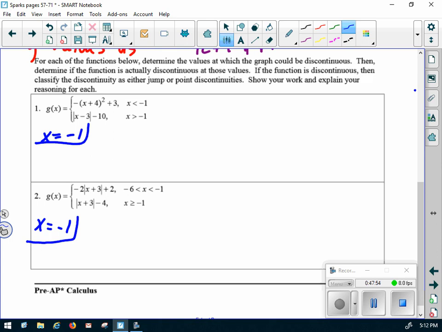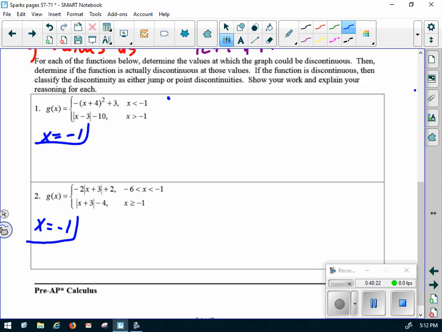Now, what else are we supposed to do? Determine if the function actually is continuous or discontinuous at those values. If the function is discontinuous, then classify the discontinuity as either jump or point discontinuities. Show your work and explain your reasoning for each. Now remember, the first thing you're going to do is say, is the function defined at x equal that particular number?